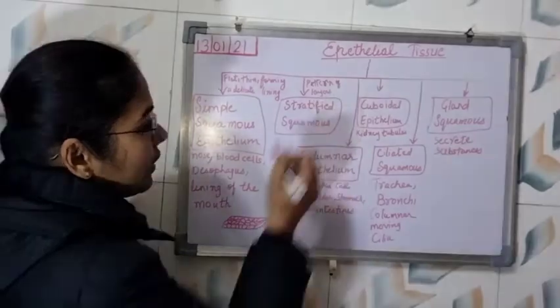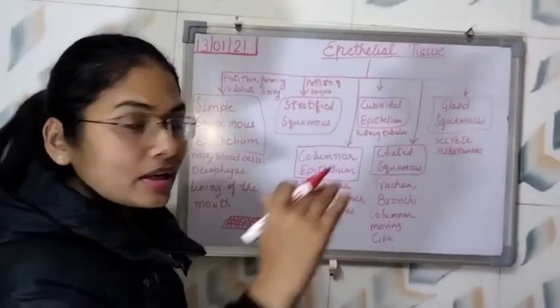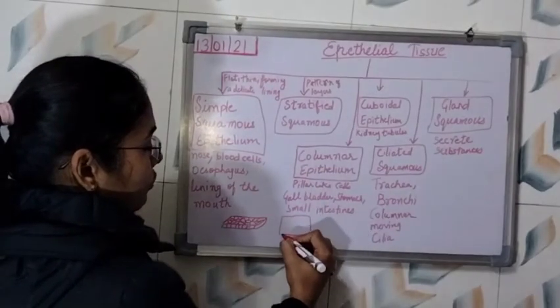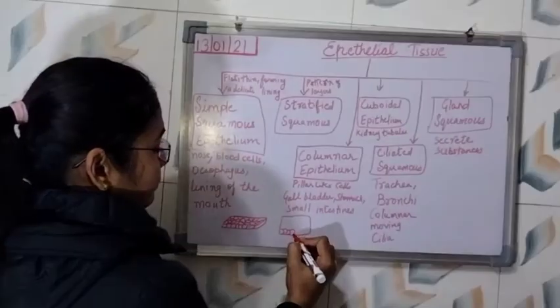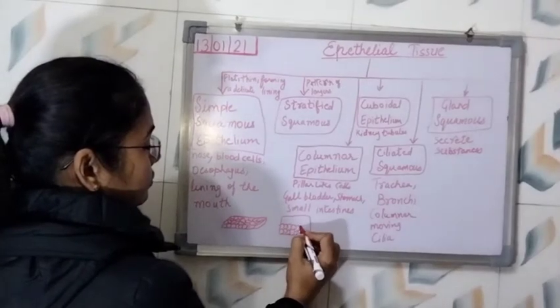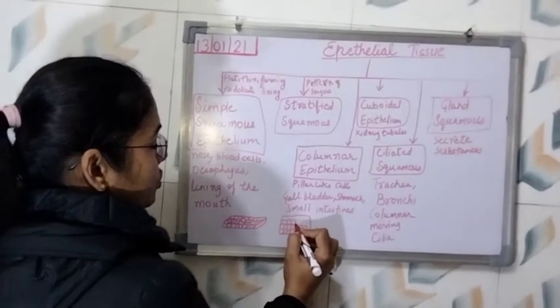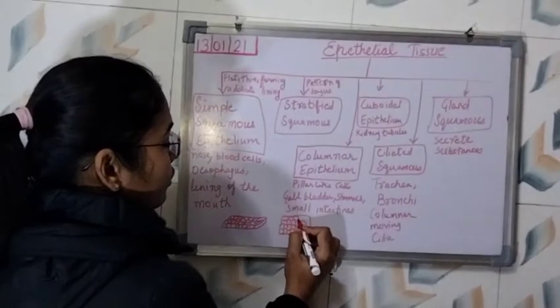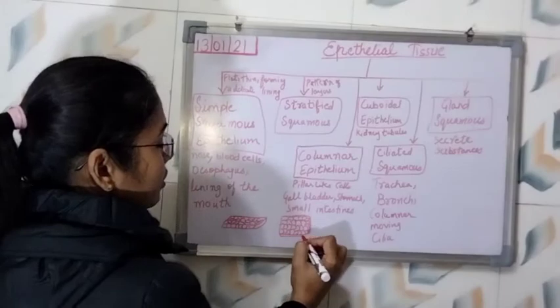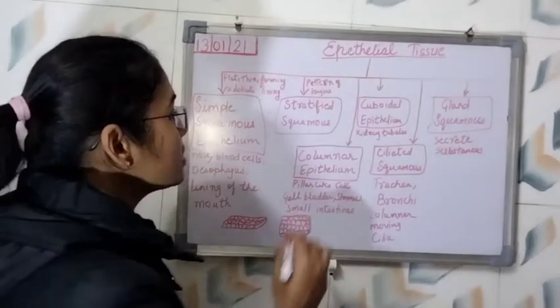And if I draw stratified squamous, the cells are present in layers like this, one above the other. Here you can see they are following a pattern and they are in layer form. So this is stratified squamous.